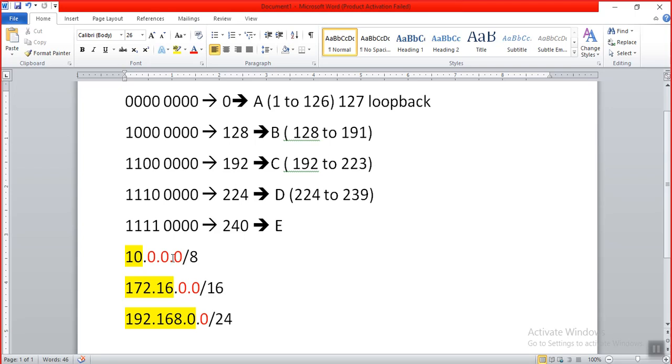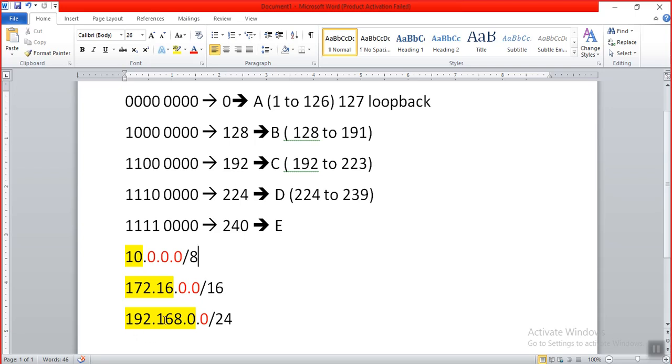So in class A, your subnet is 8 or just 255.0.0.0. That means only the first is network and the rest is host. In class B, either 16 or 255.255.0.0. That means the first two are network and the last two are host.